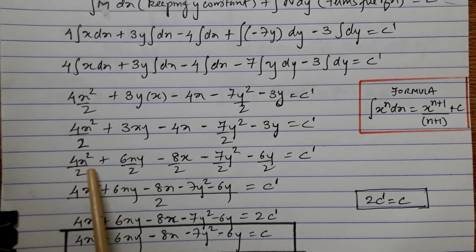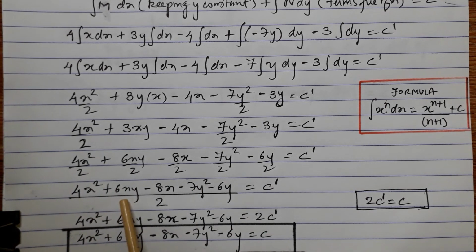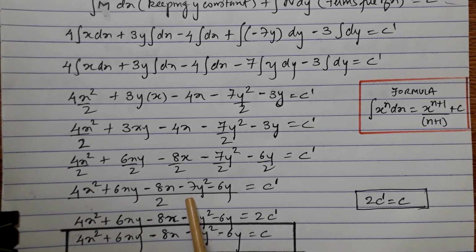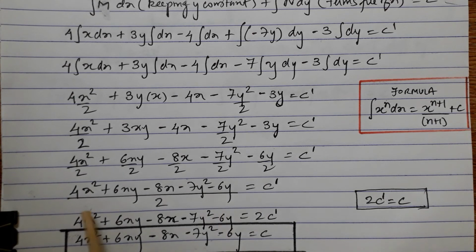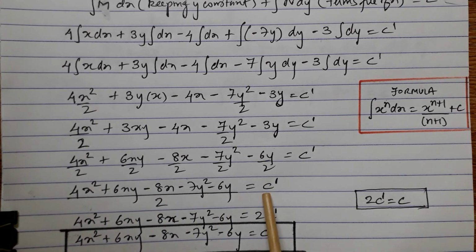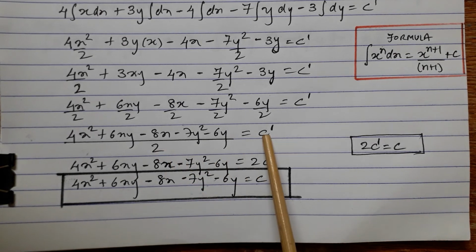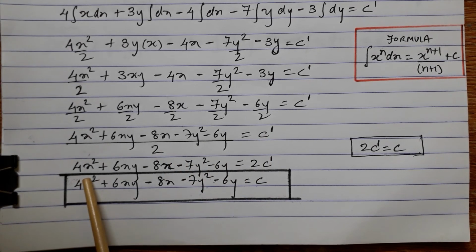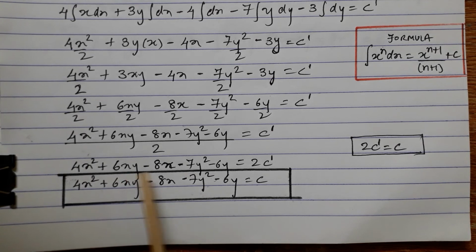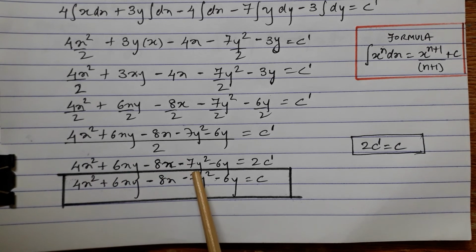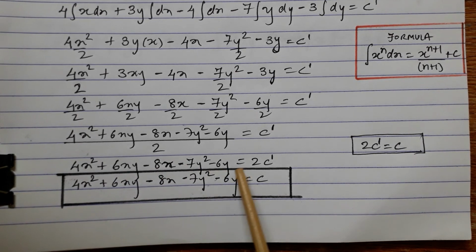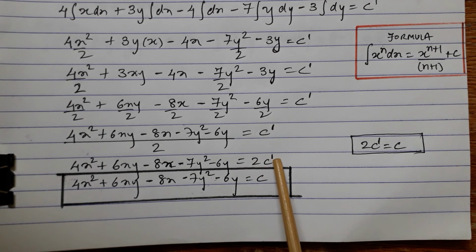Now writing it with a common denominator, we get (4x² + 6xy - 8x - 7y² - 6y) upon 2 is equal to c dash. Now transposing the 2 to the right hand side, we get 4x² + 6xy - 8x - 7y² - 6y is equal to 2c dash.